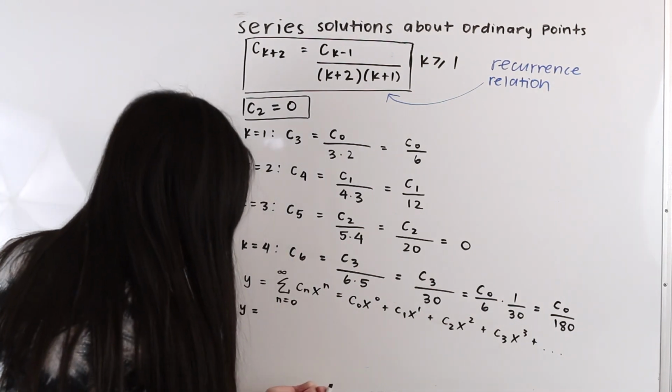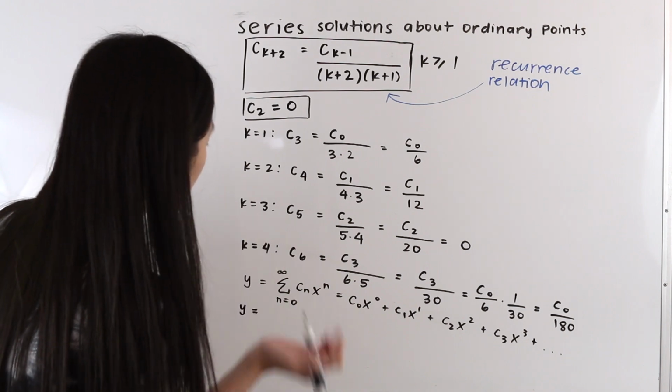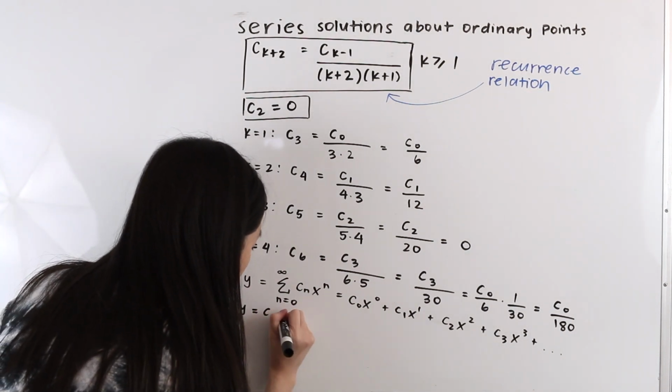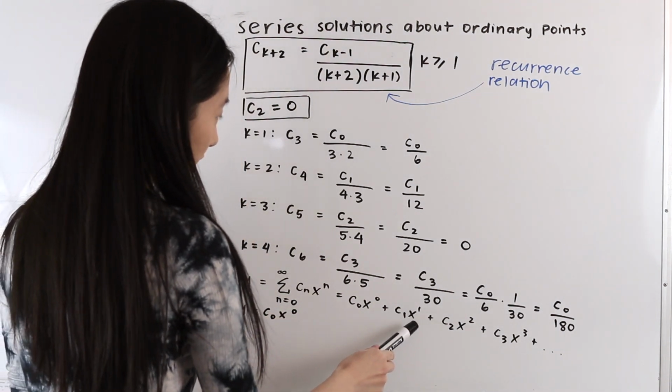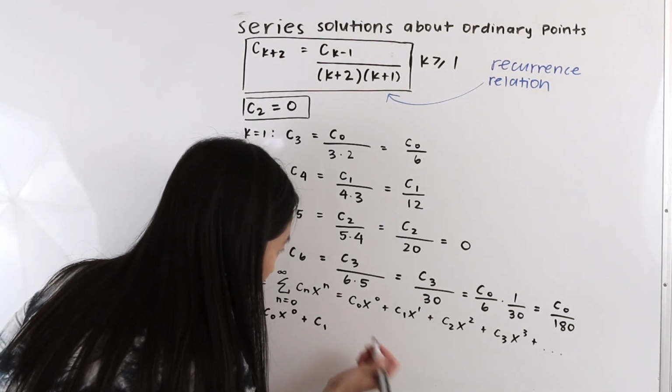So we have y is equal to c naught x to the 0. We don't know what c naught is equal to, so let's just leave it here. And then we have c1 x to the first power. We also don't know what c1 is equal to, so let's just leave that in our answer.